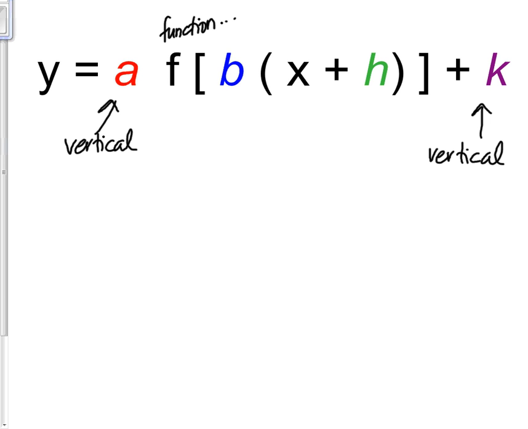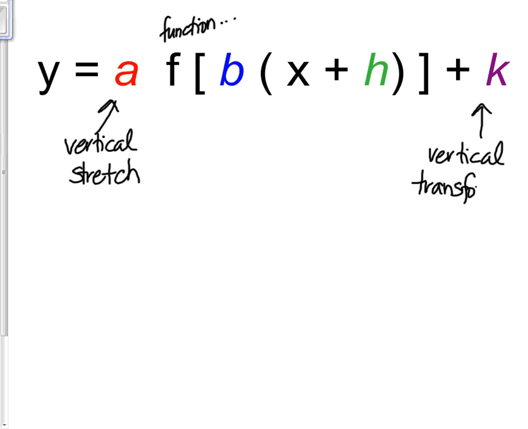The one at the front, a, since I am multiplying, is going to be a stretch, and depending on whether it's larger than 1 or a fraction, will tell me whether it's an expansion or a compression.